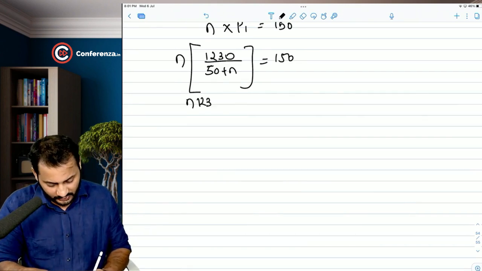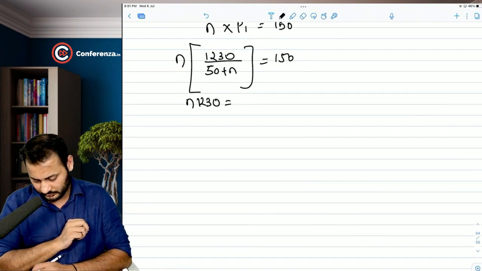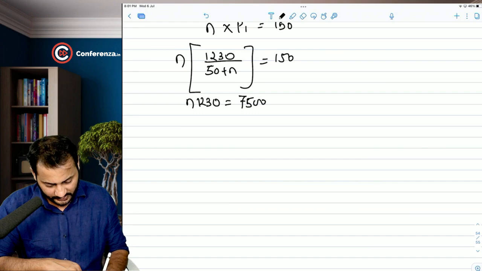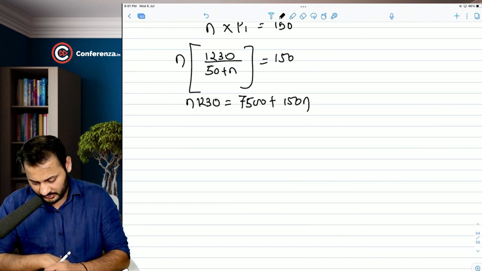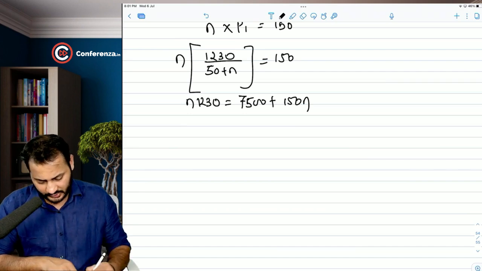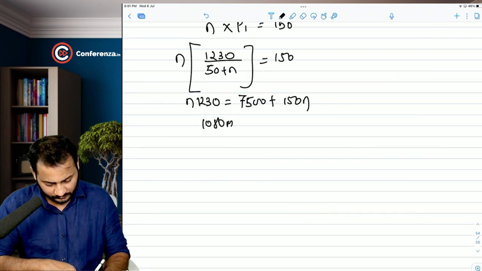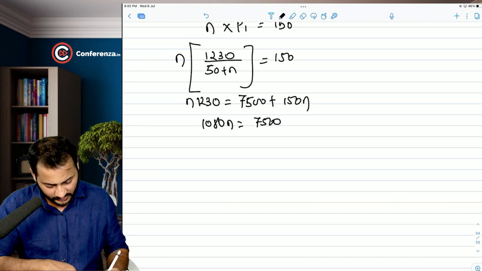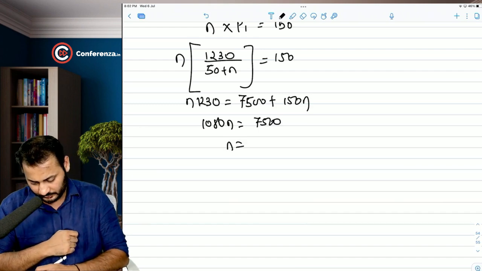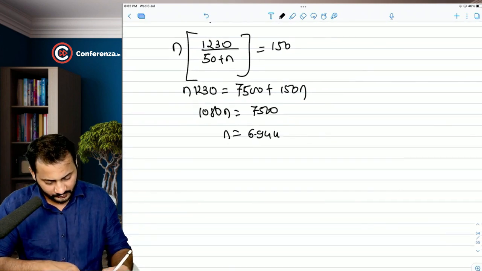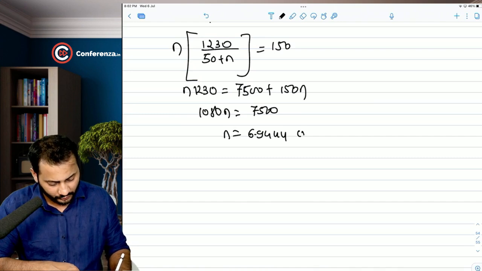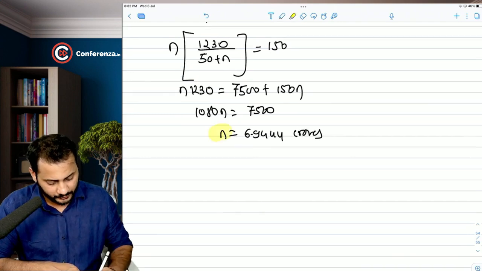So 1230 N is equal to 7500 plus 150 N, and 1230 minus 150 is 1080 N equal to 7500. So N is equal to 6.9444.